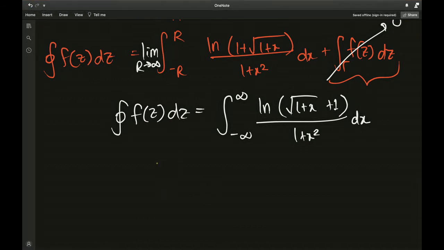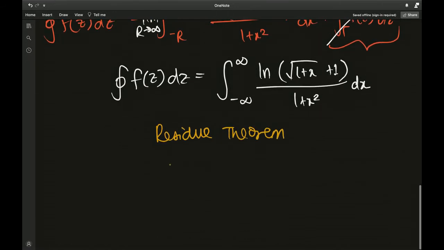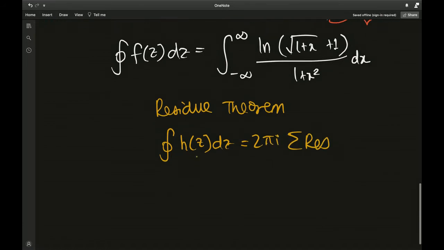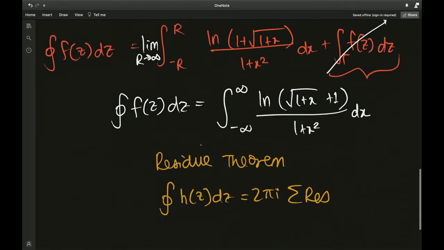Okay, so what the residue theorem says is that the contour integral of, say, any function of z, h of z dz, is equal to 2 pi i times the sum of residues of h of z corresponding to the poles of h of z that are inside the contour.